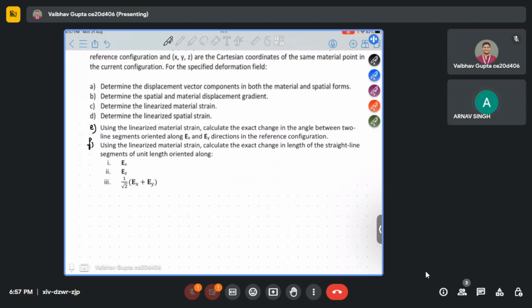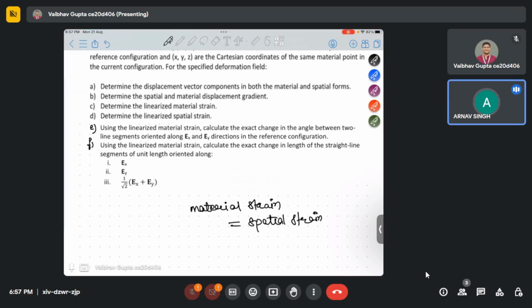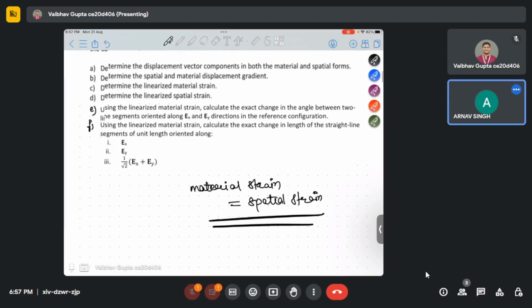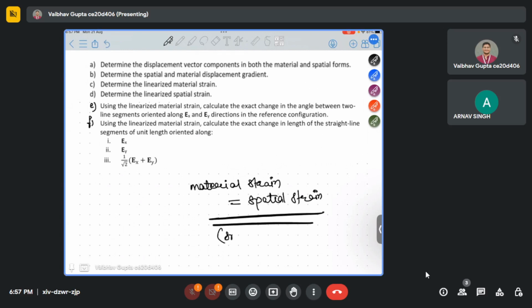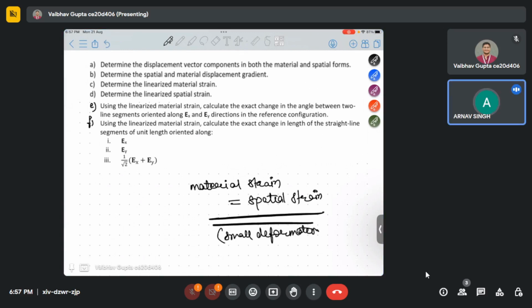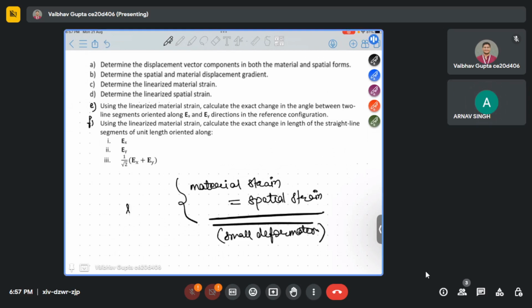One more thing you will tell me: material strain will be equal to spatial strain or not? For small deformation, both are same.